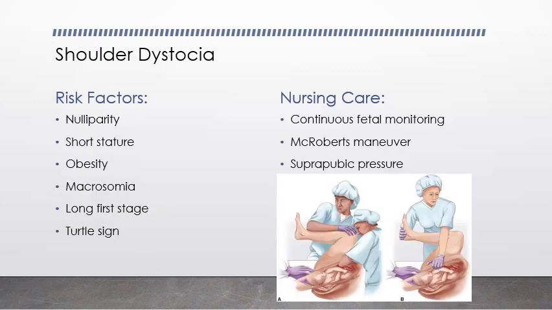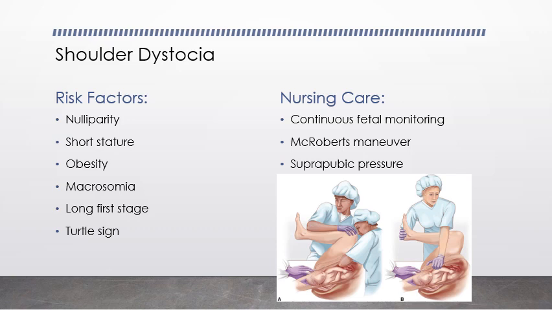Before we get to delivery interventions, though, we'll talk about shoulder dystocia, and that's when the baby's shoulders get stuck after the head is delivered. You can see the risk factors on the left-hand side of the slide, and I want you to note the nursing care for shoulder dystocia. First, you'll want to make sure that there's continuous fetal monitoring.